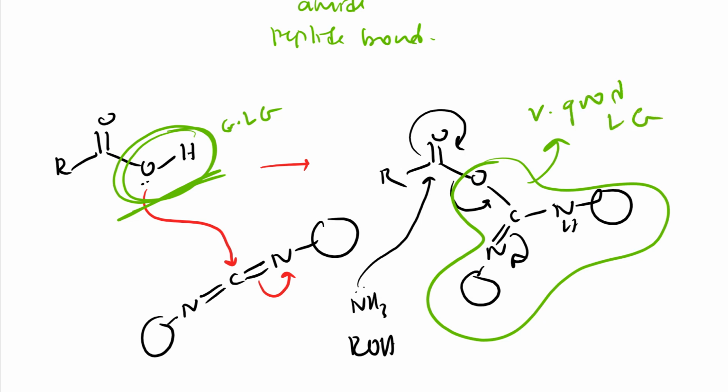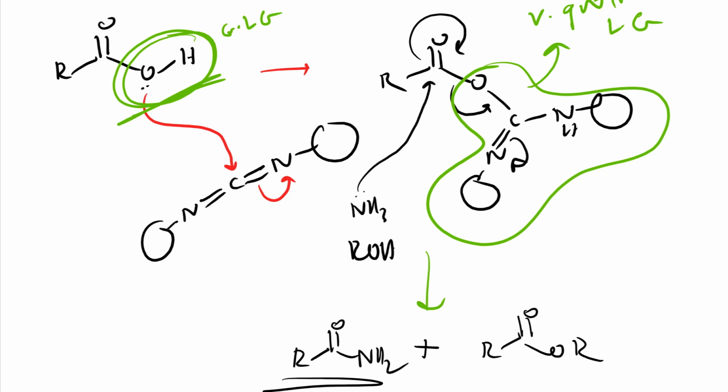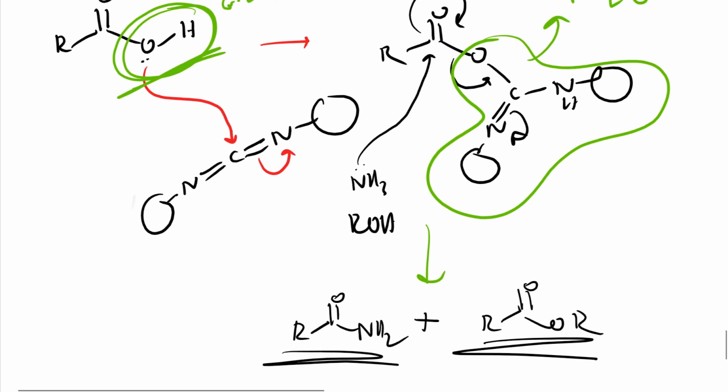because of which, when I react with this ammonia or this alcohol, with ammonia I'll get amide, with alcohol I'll get ester, like this. So what you understood is that DCC makes the carboxylic acid OH a good leaving group, as DCC has an electrophilic carbon, has more affinity towards oxygen, and has the ability to remove that oxygen from the acid group.